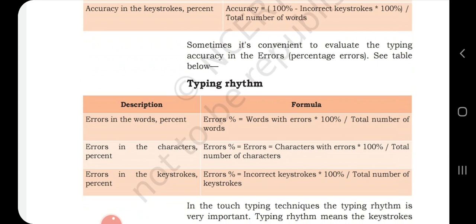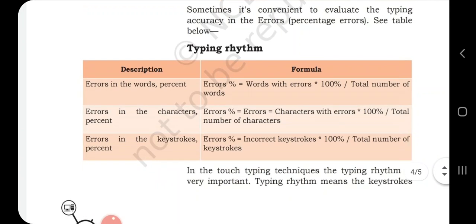Next one is typing rhythm. It's a table. Errors description is errors in words percent. Its formula is error percentage is equal to words with errors multiplied by 100% divided by total number of words. Next one is errors in characters percent.